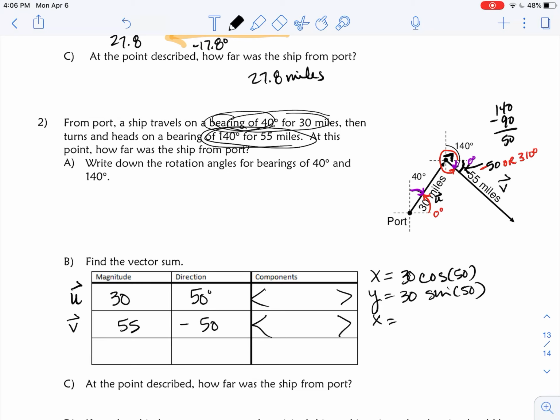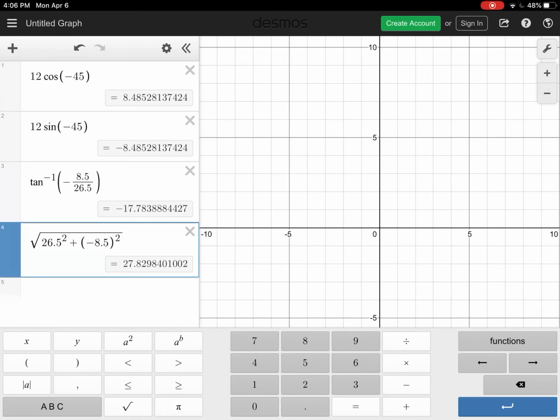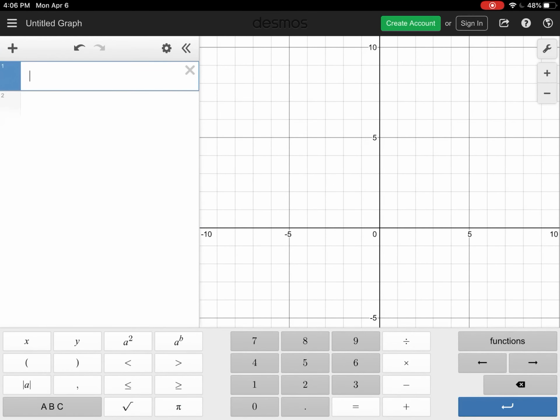And I'm just going to use negative 50. Either way, you'll get the same answer. And so the x component is going to be magnitude times cosine of the angle. And the y component is magnitude times sine of the angle. Okay, so let's go visit Desmos and get those values.